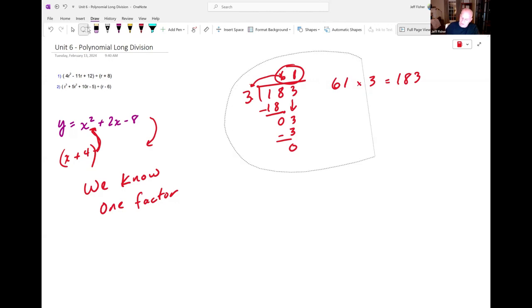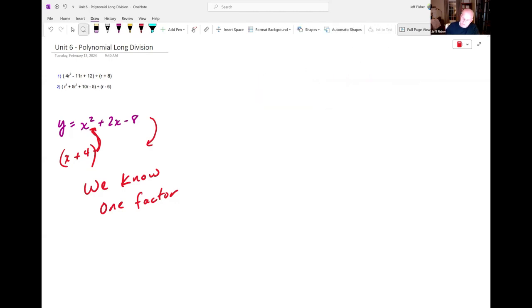Now let's do it with polynomials. We have x squared plus 2x minus 8, and we want to divide that by x plus 4 to see if we can find this other factor. Well, what do I need to multiply x by to get x squared?